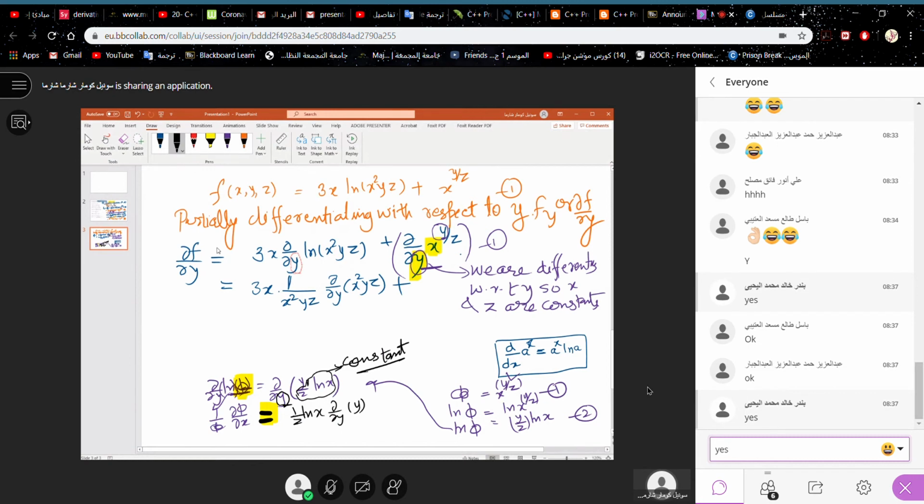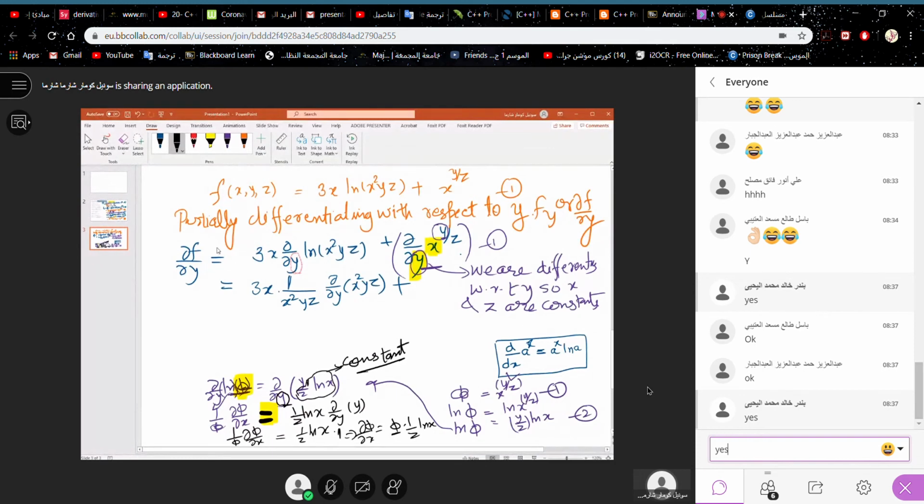The derivative of y with respect to y is how much? That is 1, and this is 1 upon phi del phi upon del y. So del phi upon del y equals phi into 1 upon z ln x.